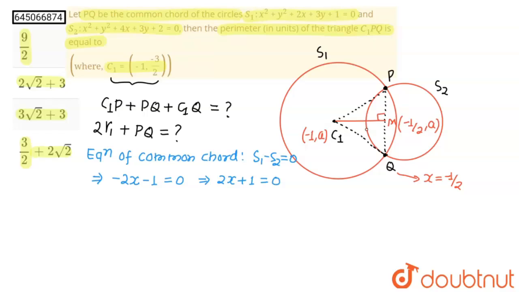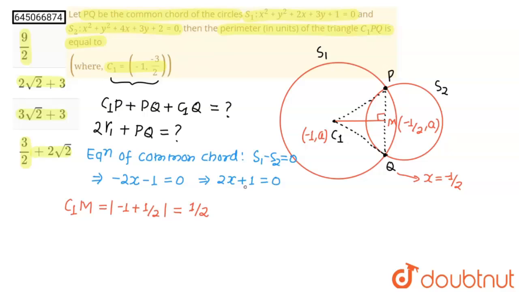Now C1 and M are horizontal points, so the distance C1M will be equal to the mod of the difference of x coordinates. So minus 1 by 2 minus minus 1, x2 minus x1, will be plus 1 by 2, and the mod will be 1 by 2. So C1M is half.